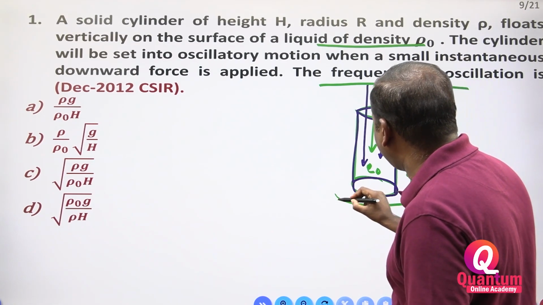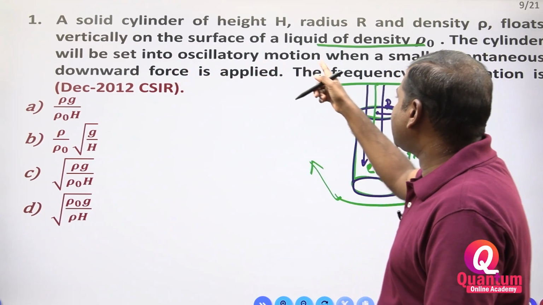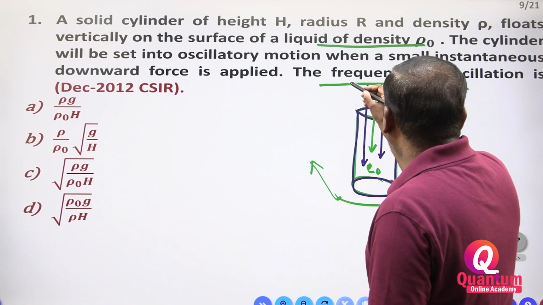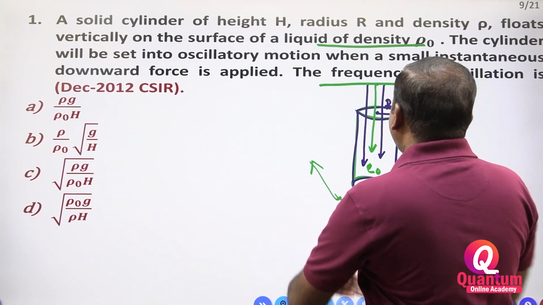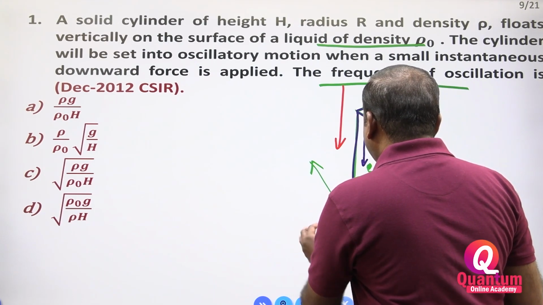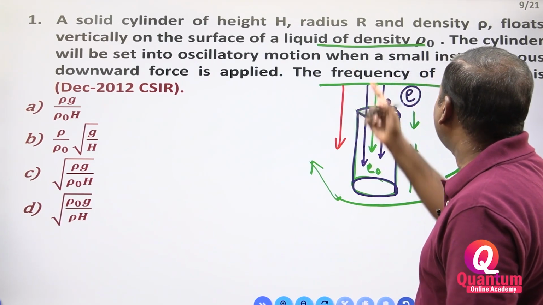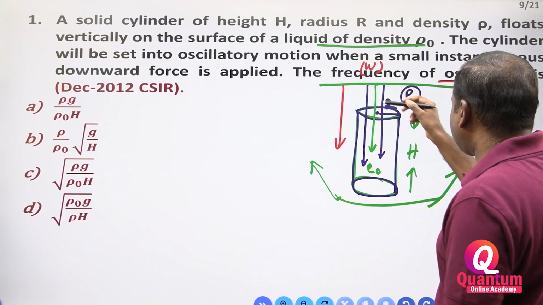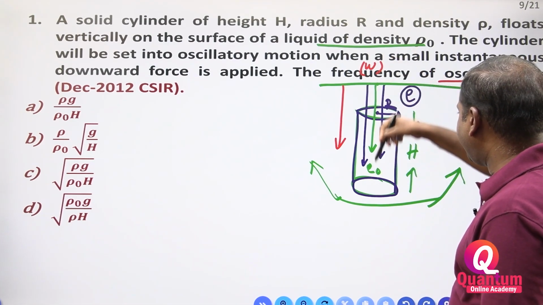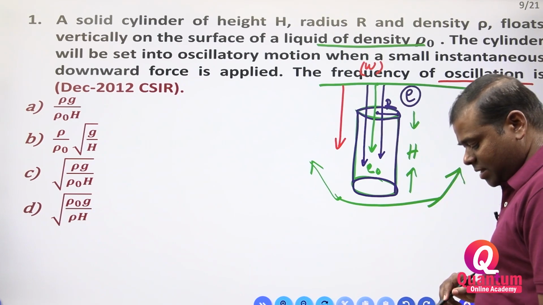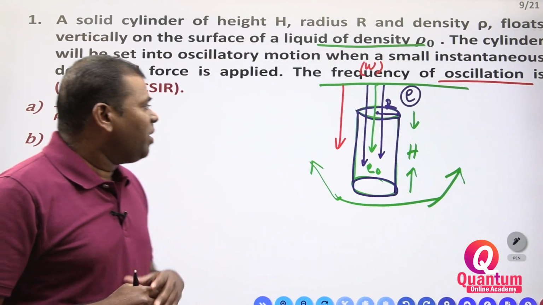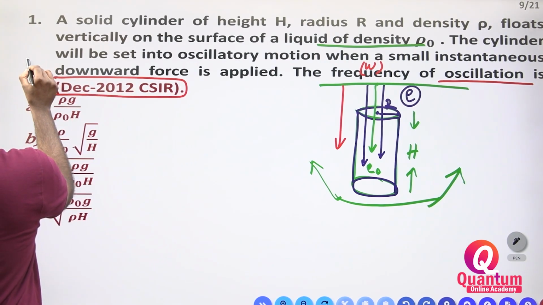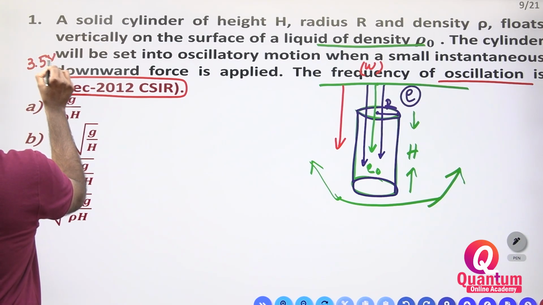It is moving this side and moving to this side, setting into oscillation, when a small instantaneous downward force is applied. The frequency of the oscillation, which oscillation? The oscillation of the cylinder in the liquid, that they are asking. Clear? So this is the problem. They asked this in December 2012, CSIR people asked it as a 3.5 marks question.